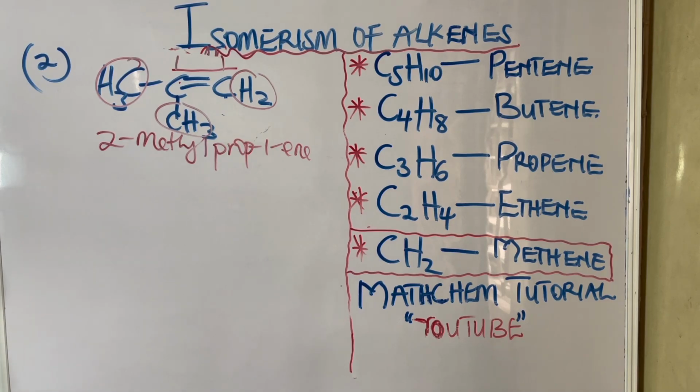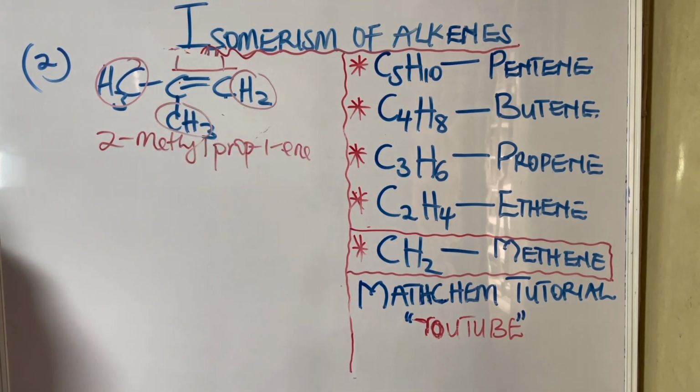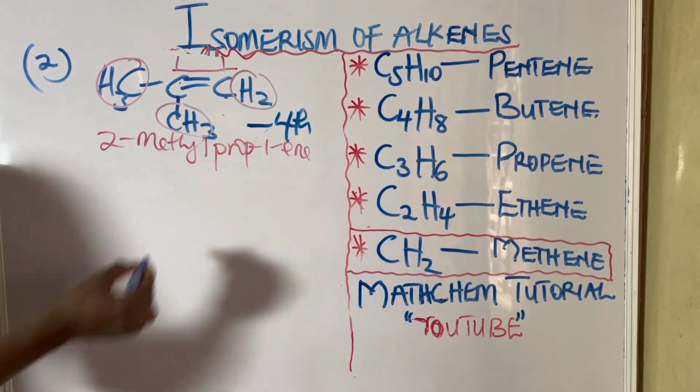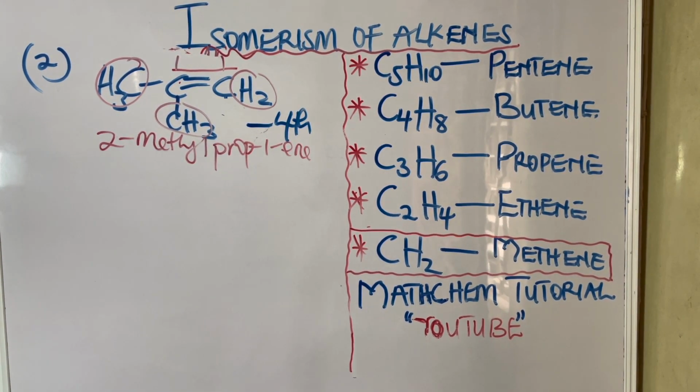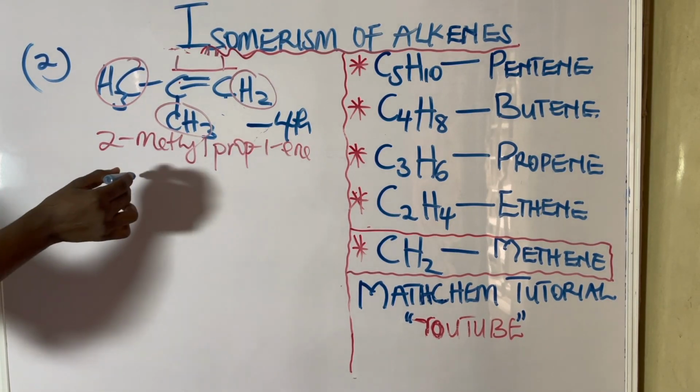So this is the fourth carbon. This is the fourth isomer. You understand? So the next one is now to draw the cyclic form.